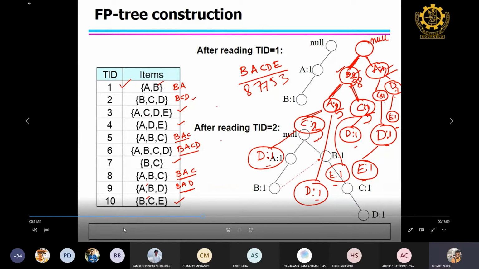So you can generate the tree easily. Once you generate the tree, then you can find the frequent pattern. Once you find the frequent pattern, you can generate the rule. So we learned generating the FP tree, but mining the frequent pattern is a bit more complex compared to this much easier representation.